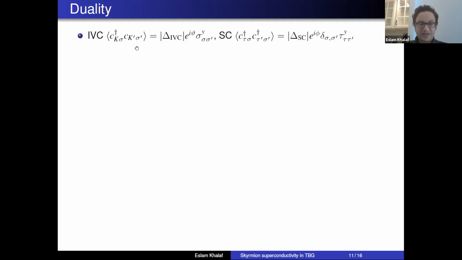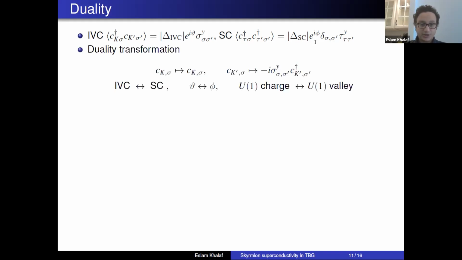This insulator breaks the valley charge conservation, but of course preserves charge conservation. On the other hand, the superconductor breaks charge conservation, but preserves valley charge conservation. And actually, we can do the following transformation, which leaves one valley fixed, but does a particle-hole transformation in the opposite valley, under which the valley charge and the electric charge are interchanged. And under this transformation, the IVC insulating order and the superconductor are also interchanged.